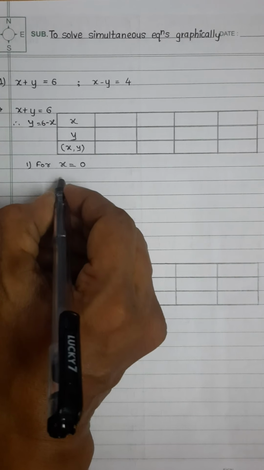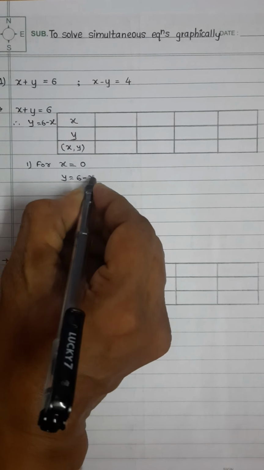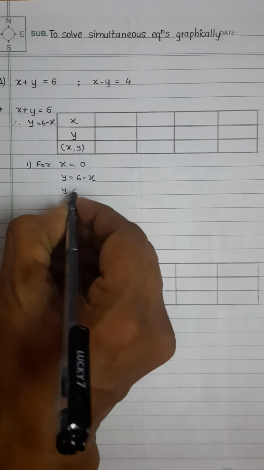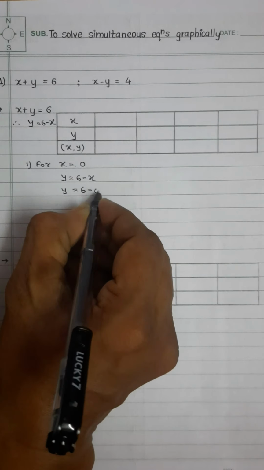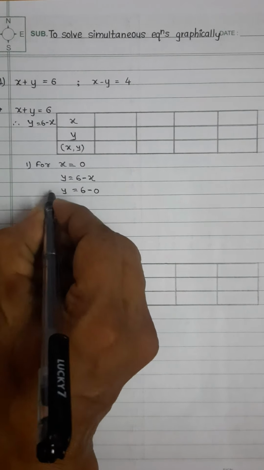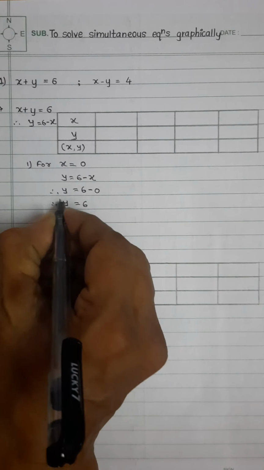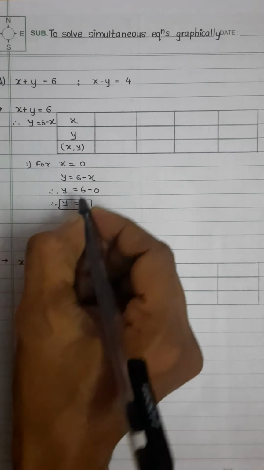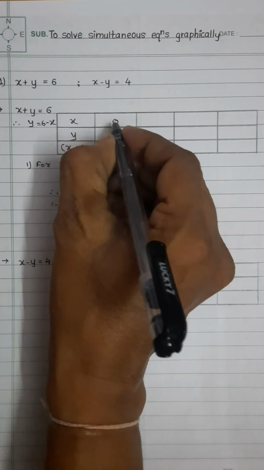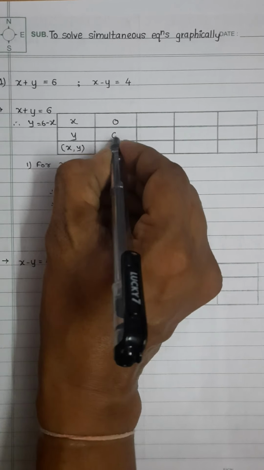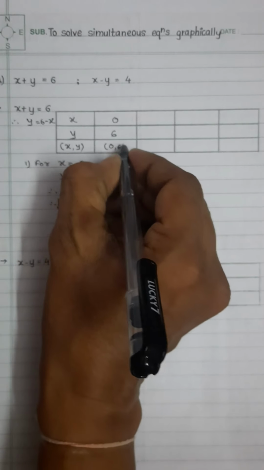Then we write the equation y is equal to 6 minus x. Therefore, y is equal to 6 minus 0, which is 6. Therefore, when x is equal to 0, we get y is equal to 6. Therefore, the first ordered pair is 0, 6.